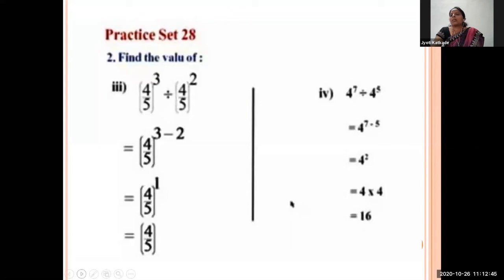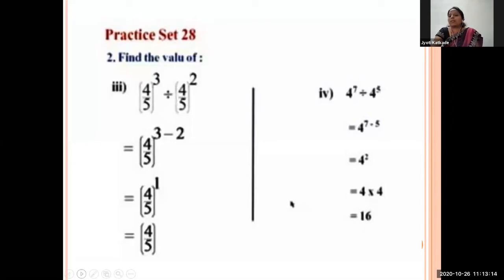Okay. When the power of any number is 1, then the answer we get is the same number. The fourth example is 4 raised to 7 divided by 4 raised to 5. Here the base is 4 and the powers are 7 and 5. The base is the same, so subtract the power, 4 raised to 7 minus 5. We get 4 raised to 2. 4 raised to 2 means square of 4. So take 2 times multiplication of 4.